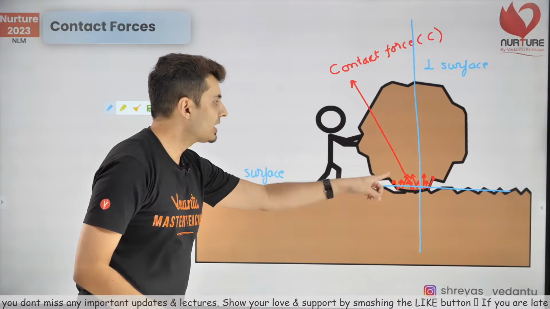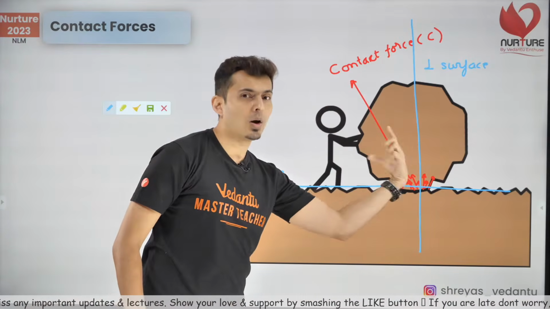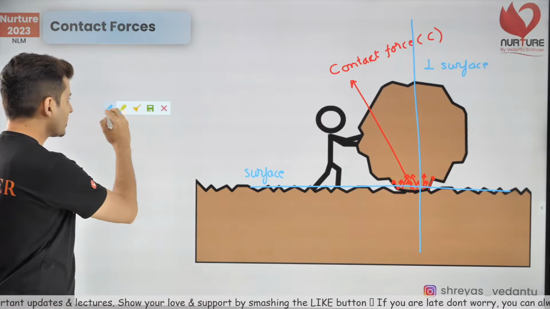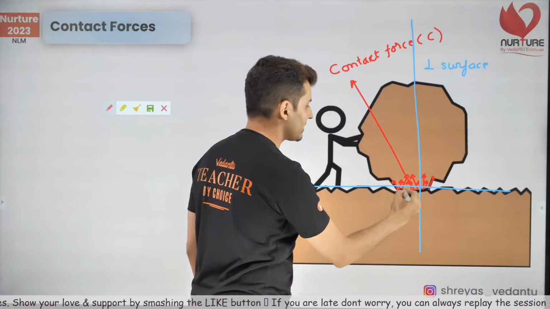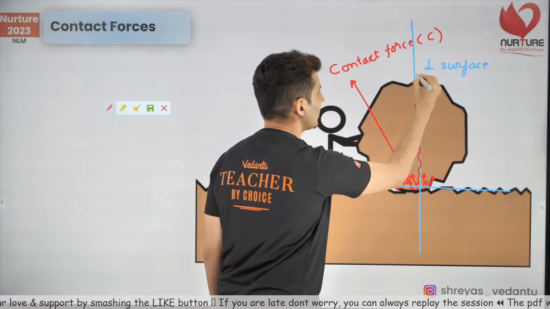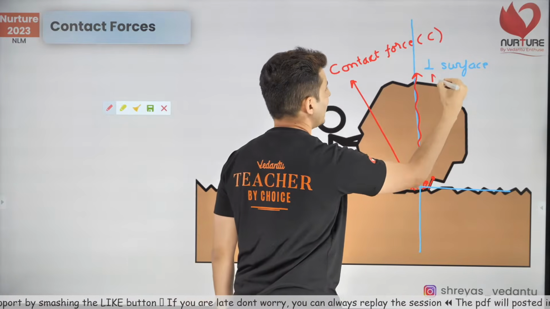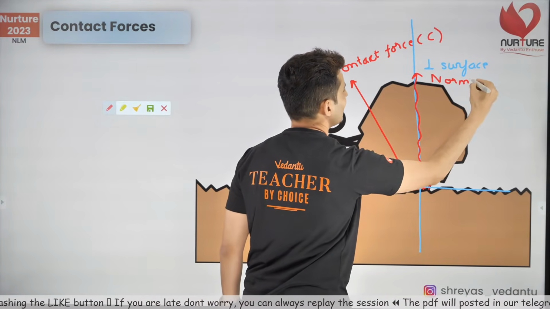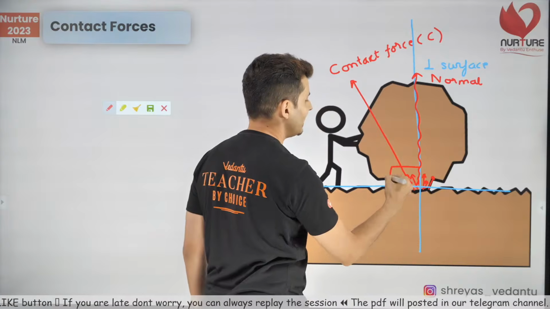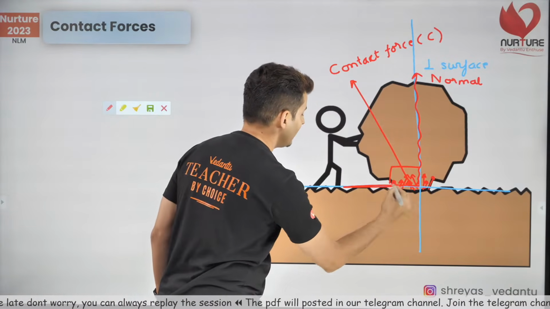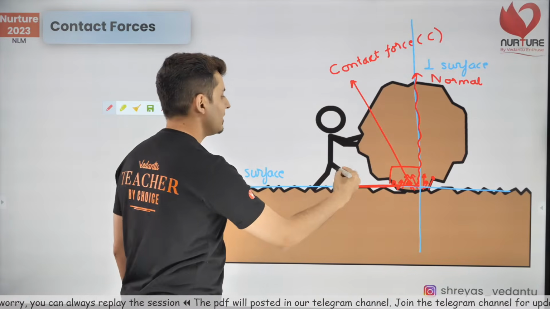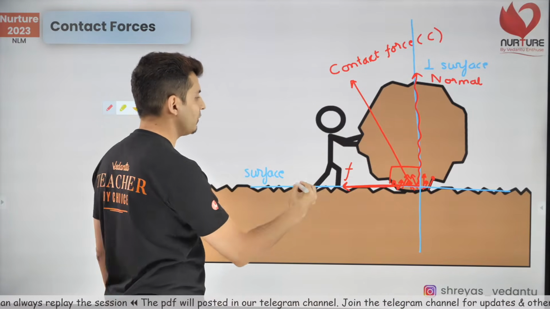Now you can resolve the contact force into two components. That contact force which is perpendicular is called the normal force. Normal means perpendicular. And that force which is parallel to the surface is called the frictional force.